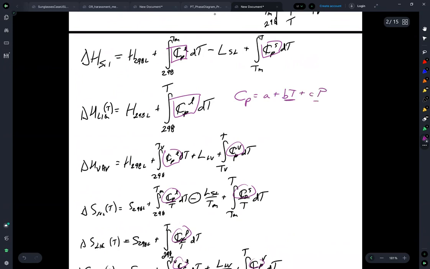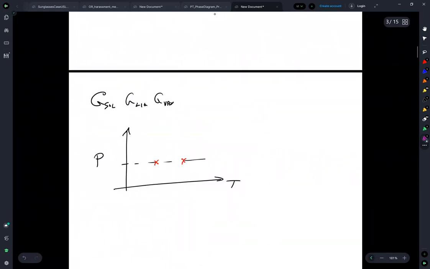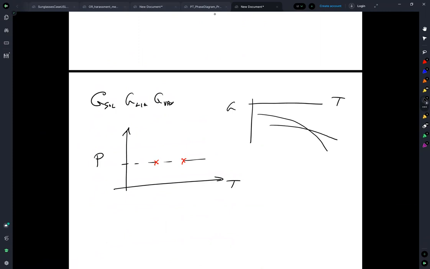I'm just going to have them be linear with temperature and pressure, right? And I thought, okay, I'll put that in, and I'll get G versus T. I get curves, and they'll change as a function of pressure, which would let me, for example, mark out different pressures, fit a line, and have the phase diagram.